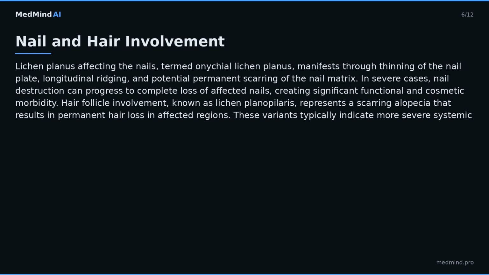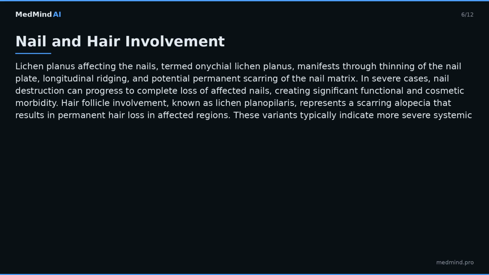Nail and hair involvement. Lichen planus affecting the nails, termed onychial lichen planus, manifests through thinning of the nail plate, longitudinal ridging, and potential permanent scarring of the nail matrix. In severe cases, nail destruction can progress to complete loss of affected nails, creating significant functional and cosmetic morbidity.